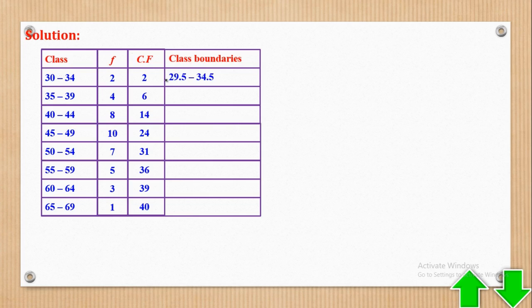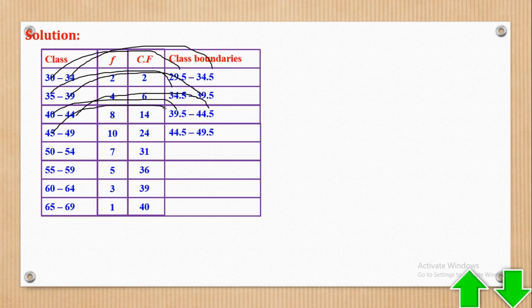So for this one, 30 minus 0.5 is 29.5, and 34 plus 0.5 is 34.5. Then for the next one, this minus 0.5 is that, this plus 0.5 is that. Next, this minus 0.5 is that, this plus 0.5 is that.